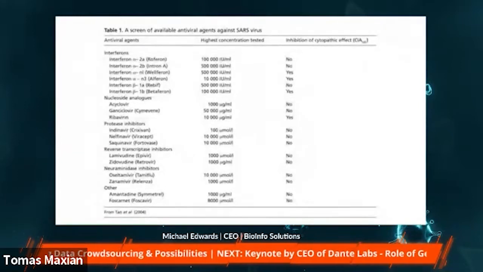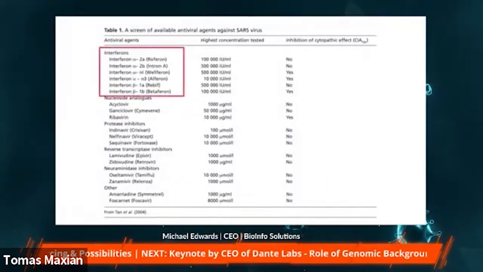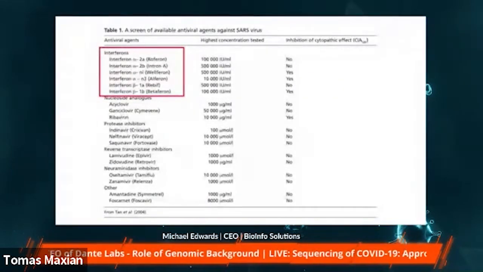There have been efforts to boost the body's own immune system, as with giving patients different forms of interferon as shown here. That could help clear the virus or inhibit further infection, but this has been met with limited effectiveness. As far as I know, none of the compounds listed in this table are being widely used to treat the current epidemic, necessitating the development of new therapeutics and ways to attack the infection.